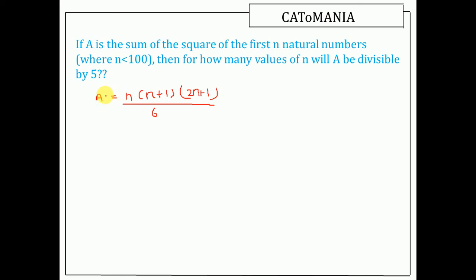Now what can we say when a will be divisible by 5? When either n is divisible by 5, or n plus 1 is divisible by 5, or 2n plus 1 is divisible by 5, right? So just make cases when n will be divisible by 5, when n plus 1 will be divisible by 5, and when 2n plus 1 will be divisible by 5.